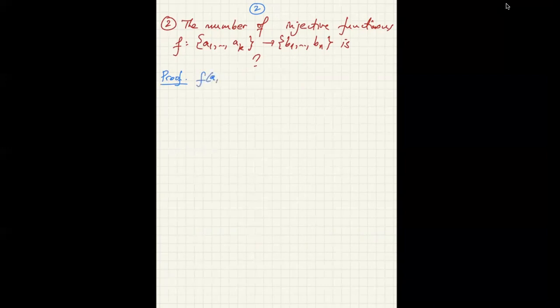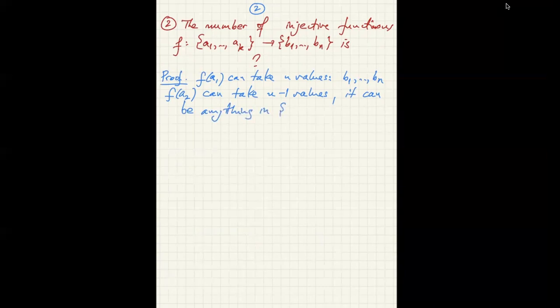F of a1, if we start with a1, f of a1 can take n values, which are these ones, b1 to bn. But now once we have chosen f of a1, f of a2 can now take n minus 1 values, namely it can be anything in the set b1 to bn, from which we throw away f of a1, because they cannot be equal since the function is injective.